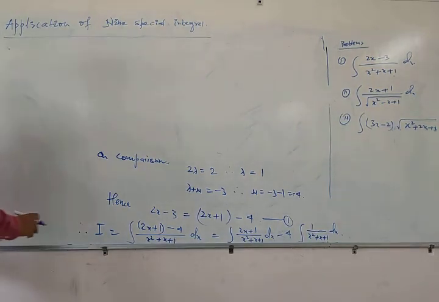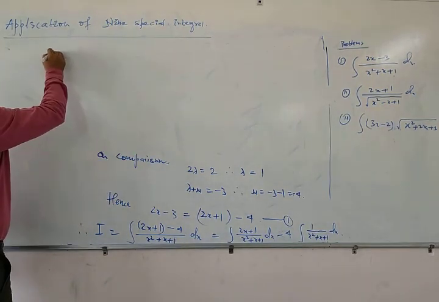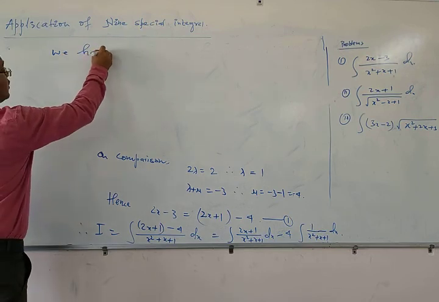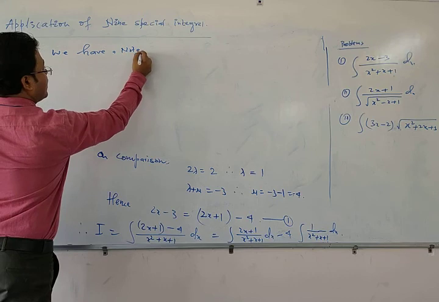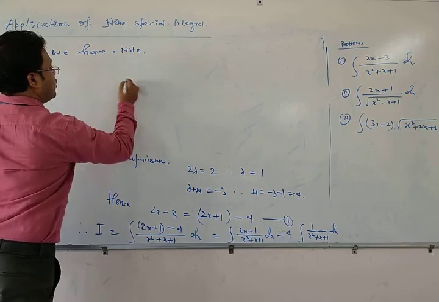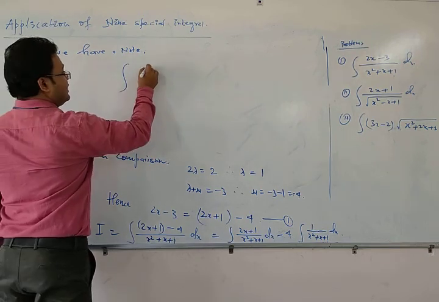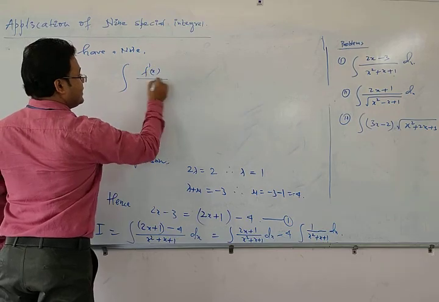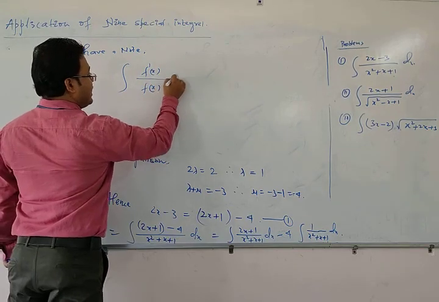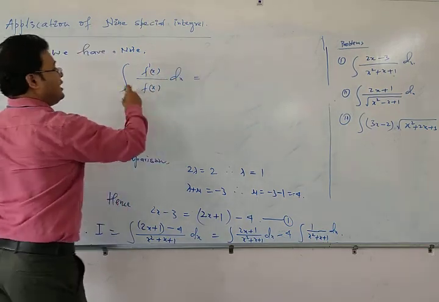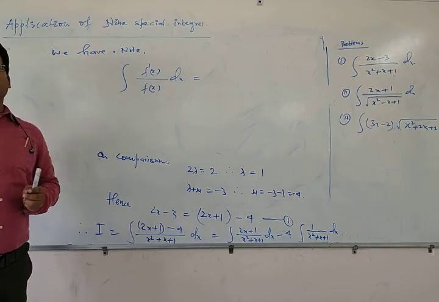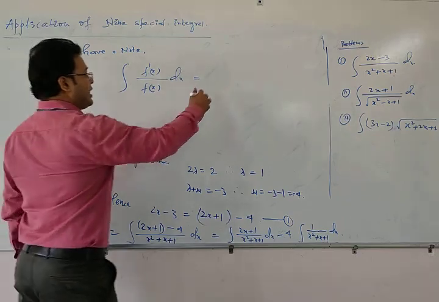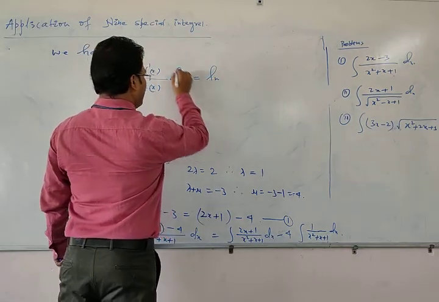Before going to evaluate this integral, we have a note. What is the note? This is f dash x, this is f x, and dx. If this type of integrand is involved in the integral, you can write its answer directly.